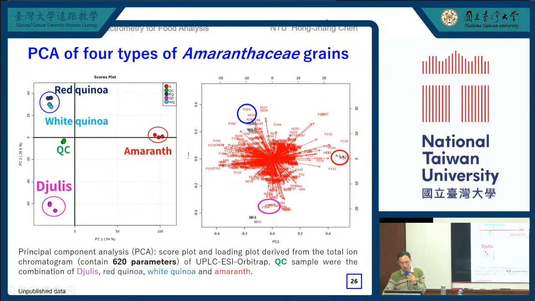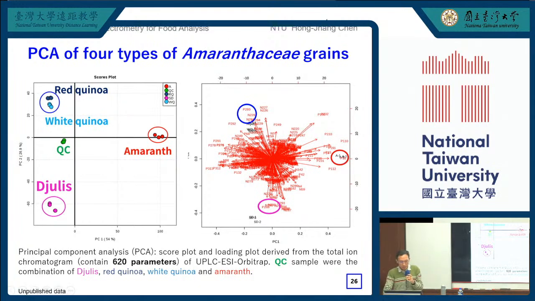So we use PCA, principal component analysis, to do that. Of course, we can gain a beautiful result. This one is the PCA score plot. What is PCA? PCA is a mathematical algorithm to do dimension reduction. So if you have 1,000 parameters, it will decrease them into maybe 2 parameters by combining the 1,000 parameters.